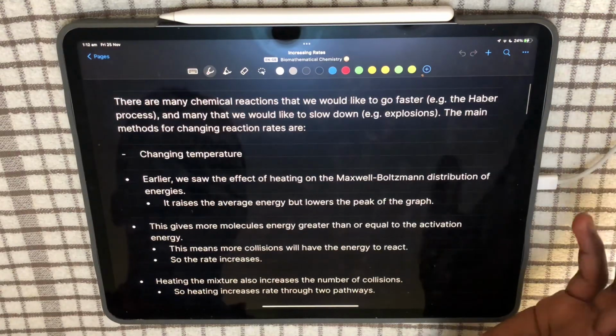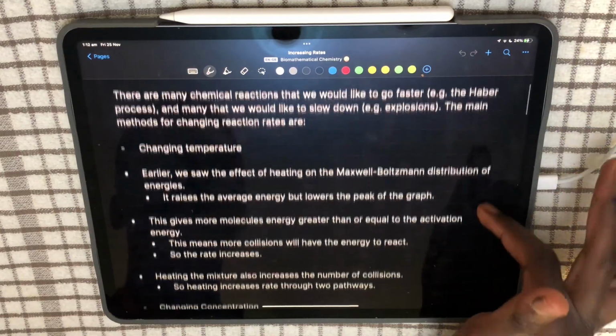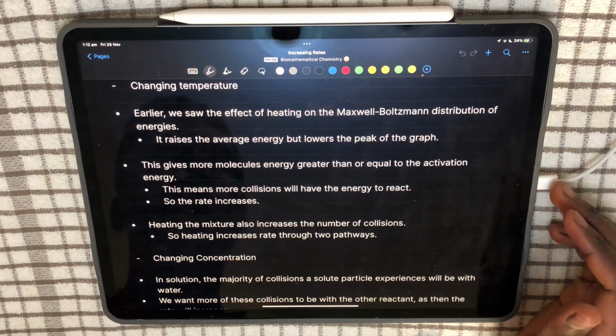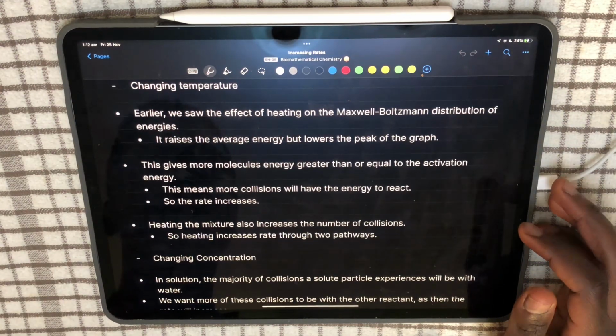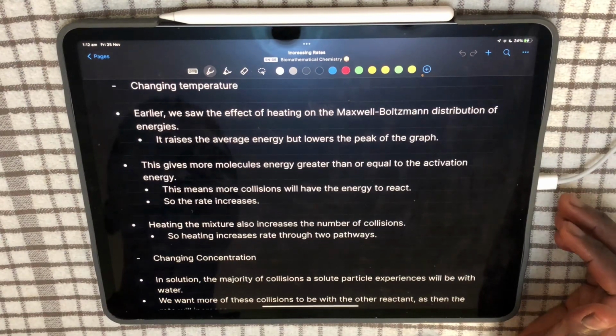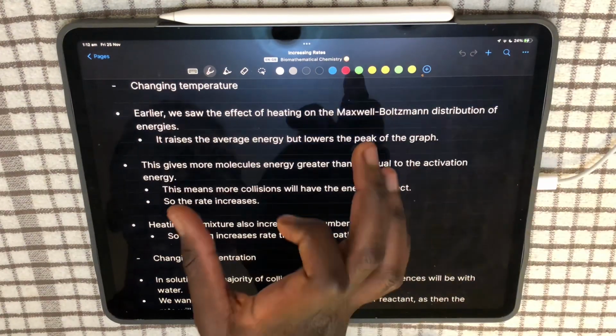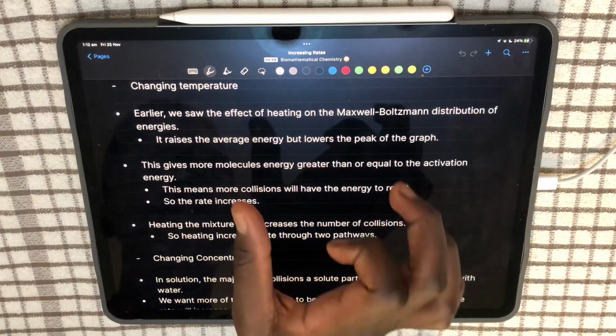So the main methods for changing reaction rates are changing the temperature. Earlier we saw the effects of heating on the Maxwell-Boltzmann distribution of energies. It raises the average energy but lowers the peak on the graph. Remember in the previous video I showed you the Maxwell-Boltzmann distribution.